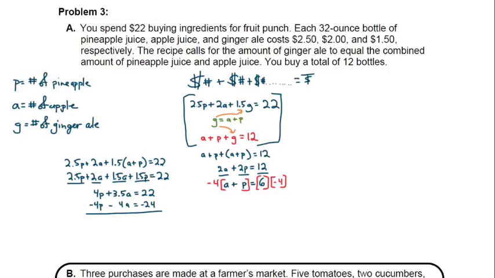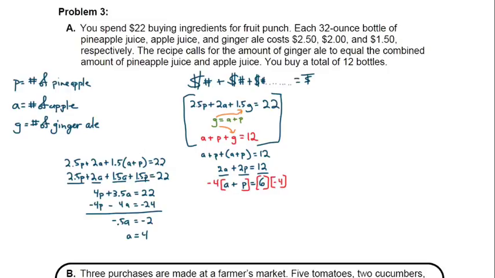4P minus 4P is 0. 3.5 minus 4 is negative 0.5A, equals 22 minus 24, which is negative 2. And negative 2 divided by negative 0.5 is 4. So I bought 4 apple juices. Let's keep on rolling with that.